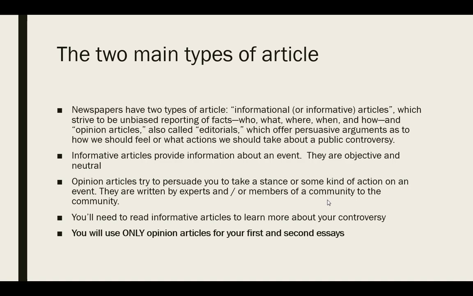It's a little harder to tell the difference between what's an informational or an informative article and what's an editorial or an opinion or even an advertisement, all of which those three are trying to persuade you to do something. Nonetheless, you can use the rules that we're going to learn to determine either type. So we'll go over those, and hopefully by the end of this, you'll start to feel some mastery about telling the two main types or even three types of articles apart.